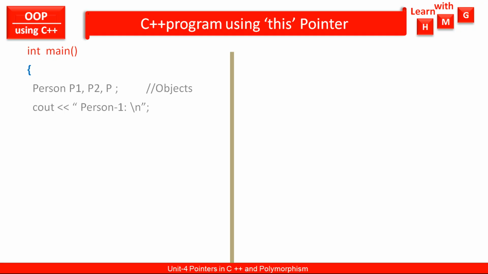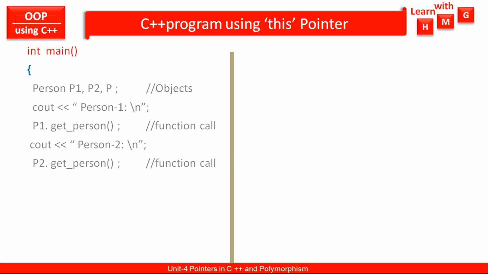Let us accept the data of person 1, that is p1 dot get person. So this is the function call by the p1 object, and the name and age will be accepted for the p1 object. Then the person 2 information is accepted by calling the get person function with the p2 object, which will accept the name and age for p2.